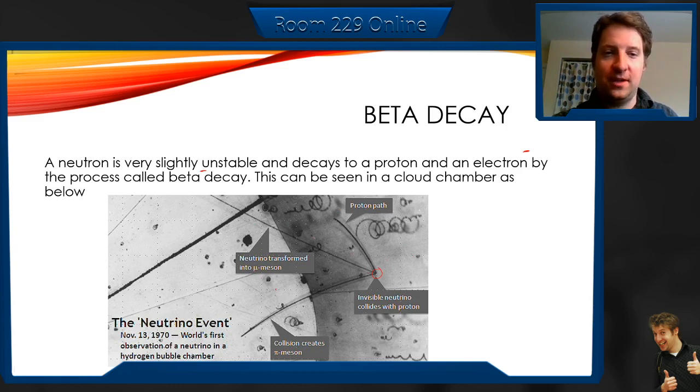This is a special type of beta decay. They gave off a bunch of mesons. Mesons are two quarks together, and slightly different, but let's not worry about that for now. This is just showing a proton decaying from a neutron that you can't actually see. It's invisible stuff. Okay?